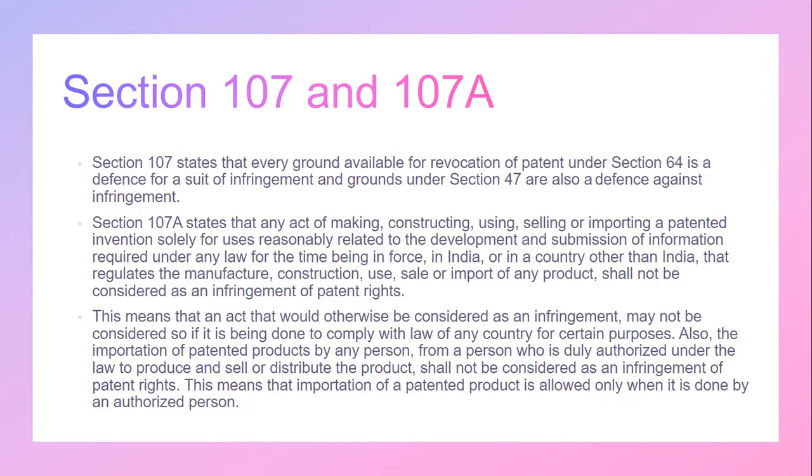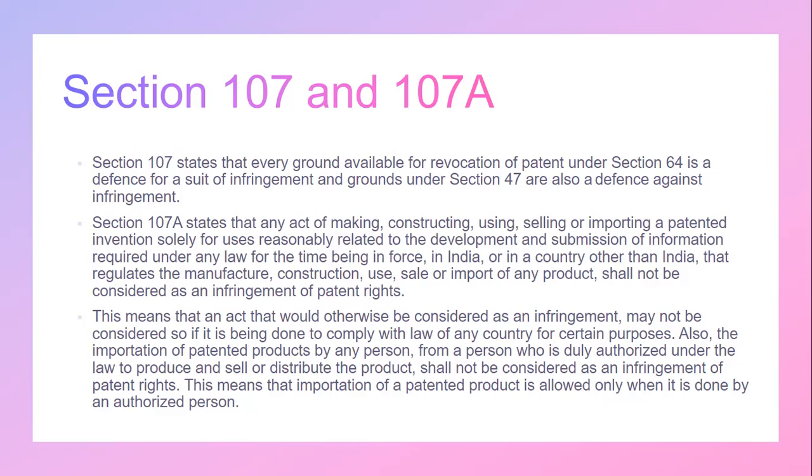Then section 107A states that any act of making, constructing, using, selling, or importing a patented invention solely for uses reasonably related to development and submission of information required under any law for the time being in force in India or in a country other than India that regulates manufacture, construction, use, sale, or import of any product shall not be considered as infringement of patent rights.